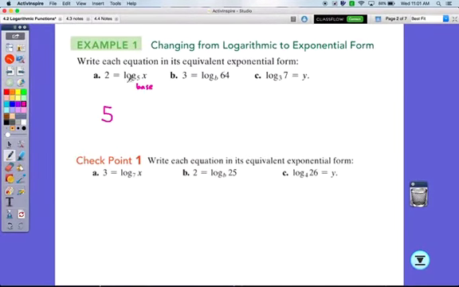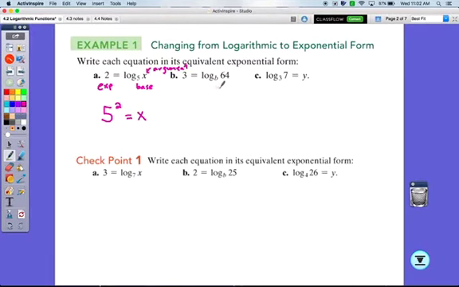The answer to a logarithm is the exponent, so the exponent is the one that's by itself. So 5 to the second power. Then the answer is what you have inside, which we're going to call the argument. So 5 squared is equal to x. That's how I would write that as the exponential.